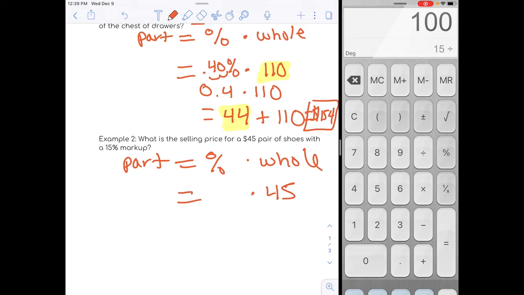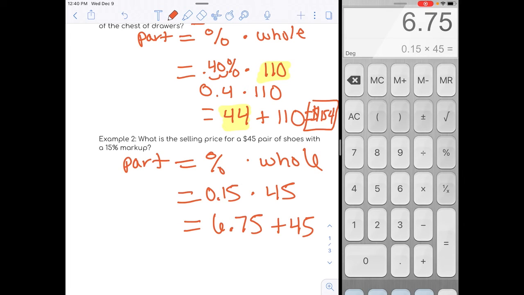I can move the decimal place over twice or divide by 100. So I would have 0.15. I'm going to multiply that by my price, my 45. And I know that the markup there is going to be 6.75. I am not done though because I need to find the selling price. I need to add that back onto my original price of the pair of shoes. So my total selling price is $51.75.